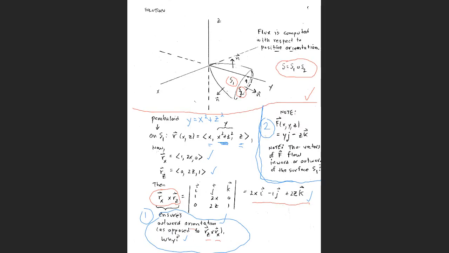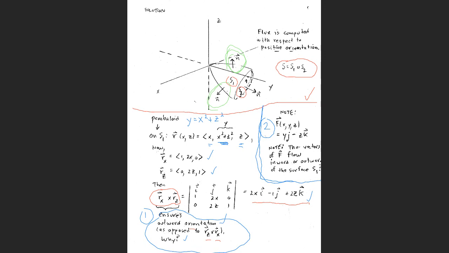So if we look at the surface S1, if we look at the paraboloid, and we look at these normal vectors here, okay, they are going in the positive direction, right? They're going outward, they have outward or positive orientation.